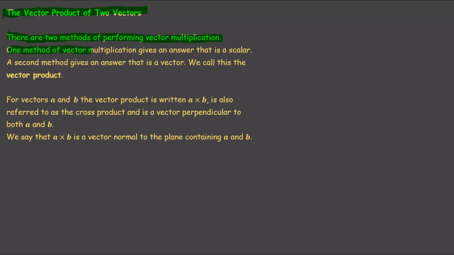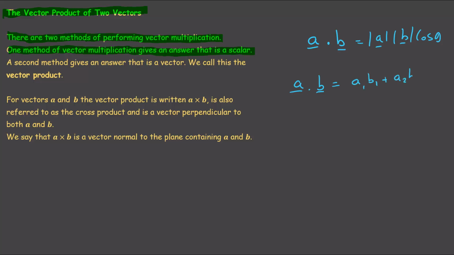One method of vector multiplication gives an answer that's a scalar, and that's the one we're familiar with. We're familiar with a dot b is equal to mod a mod b cos theta, or that a dot b would be equal to a1 b1 plus a2 b2 plus a3 b3.